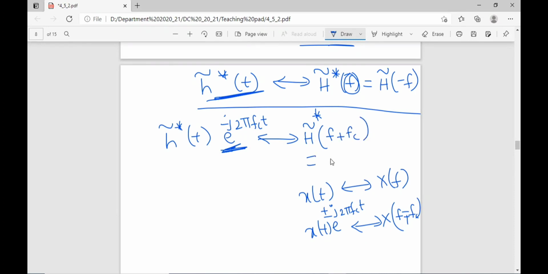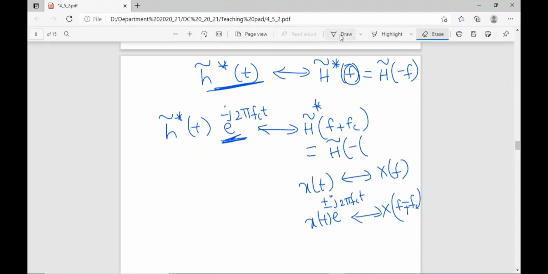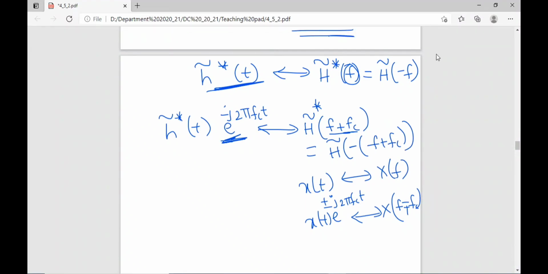This can be represented as h tilde star of f plus fc. Here I don't want this conjugate, so to remove that conjugate, the same thing I can write as h tilde of minus f, where in place of f you have f plus fc. This is the overall function here. Let me erase this property.